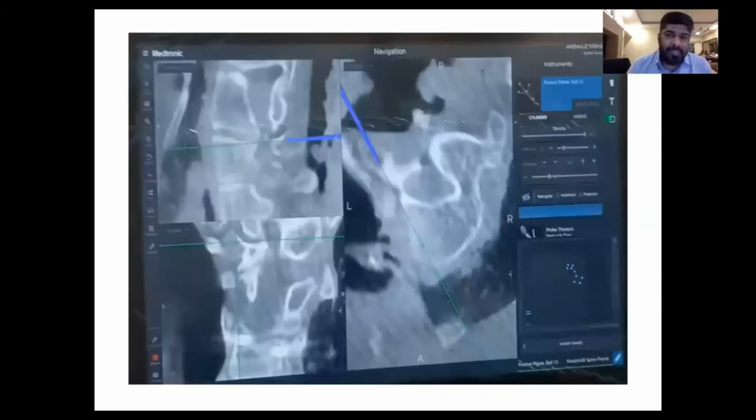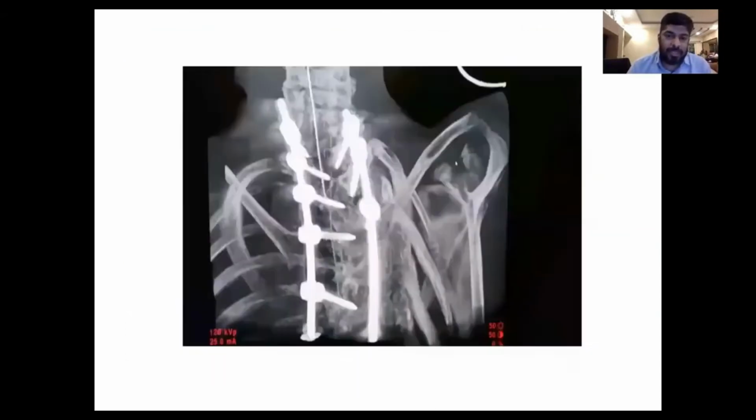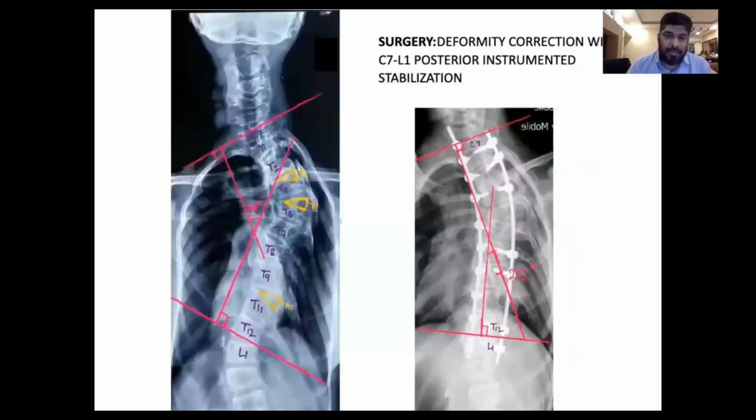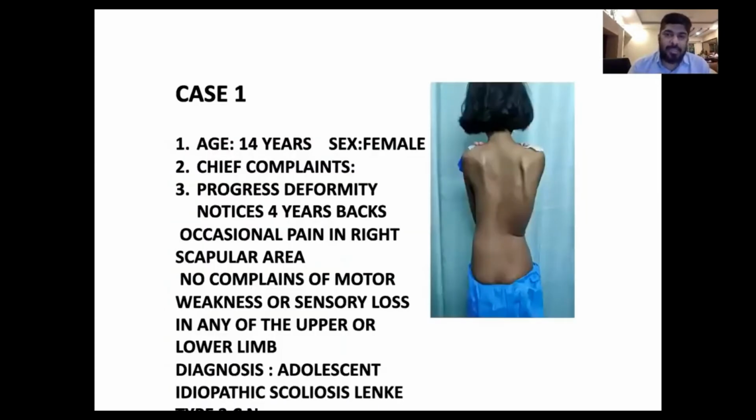At times there can be challenging screws, as I was mentioning, the smaller or sclerotic pedicles, and we have to be careful when you use the instruments, and you have to be very, very cautious. But in O-arm, you really can see through while putting this, and that's the big advantage. We got a curve to around 25 degrees.